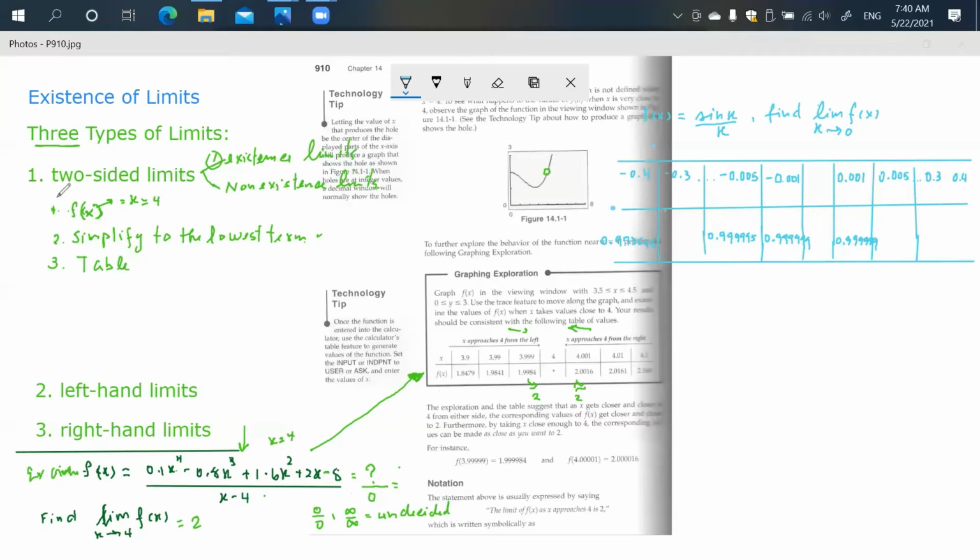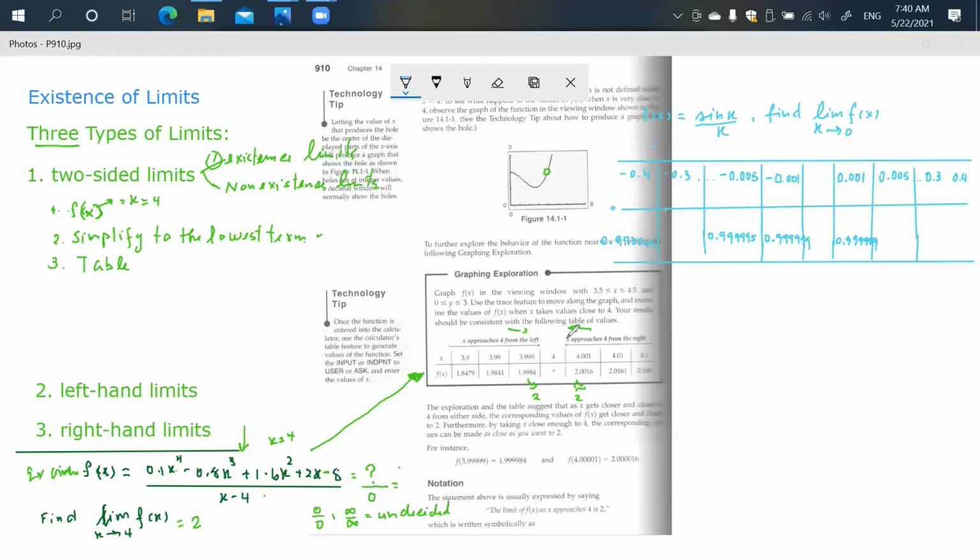So when you want to find the limit, you find whether the limit exists or not by these 3 steps. Okay, so this is an example from last time. Now, today and last time, we use a table, where we approach from the left and from the right.